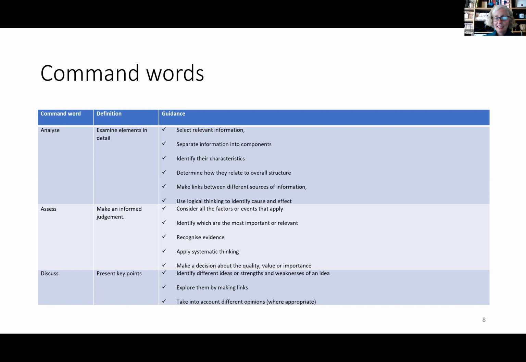So assess is about making an informed judgment. What we look at is the factors that apply, we recognise evidence, we make a decision about the quality, value and importance of what is being stated. And again, we are weighing up to what extent it's true and applicable.